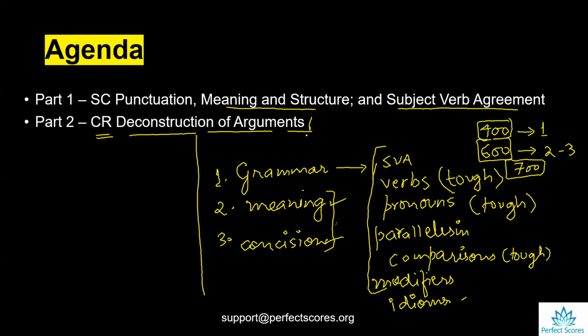Deconstructing the argument is a very important step, and if you try to do it too quickly, there will be a problem because all options will start confusing you. That's what usually happens in CR questions. Usually students find that there are 2 options that look correct. And it all boils down to the fact that the argument needs to be deconstructed very well.